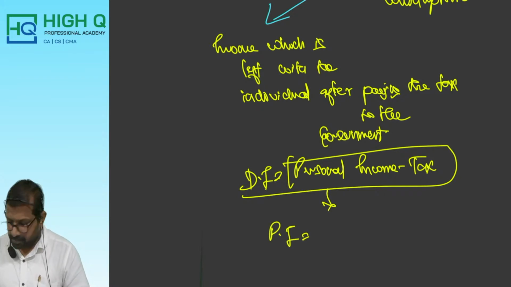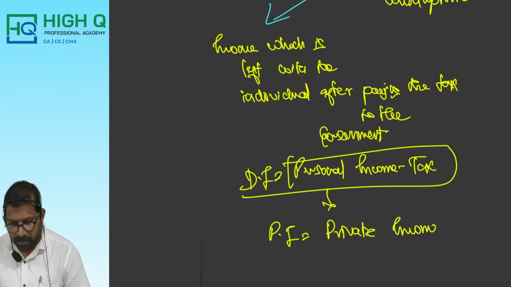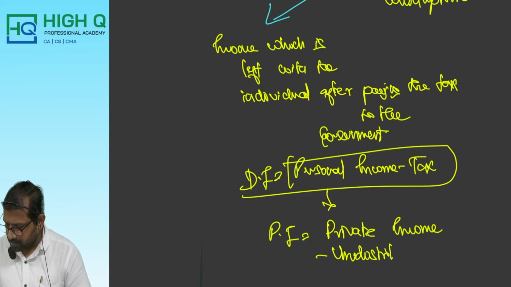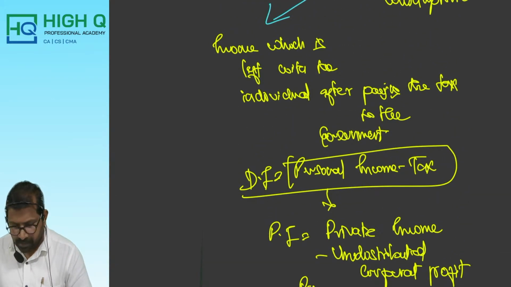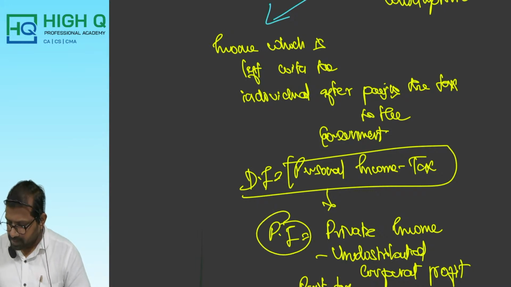Personal income formula is private income minus undistributed corporate profit minus profit tax.